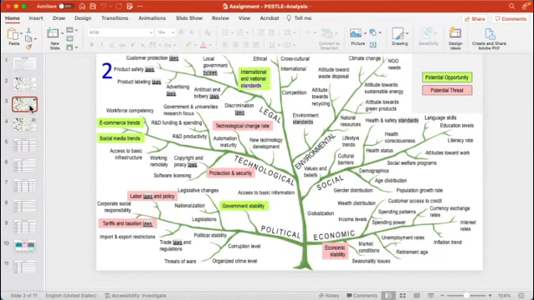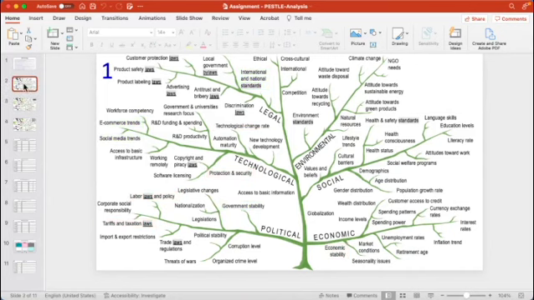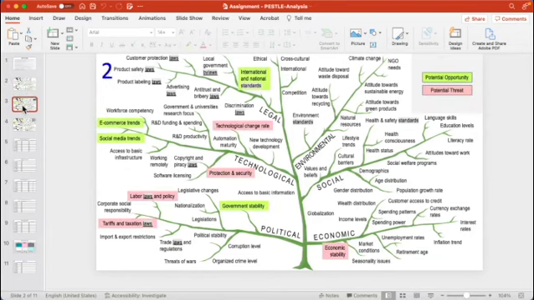So the second level, after, of course, looking into the mind map here, is for you to apply this, or to use this slide as your glasses, and then to look at the question or your business on the other side of this mind map. And now you are going to look into your business or your question based on these threats and opportunities that you found out from the very first slide.